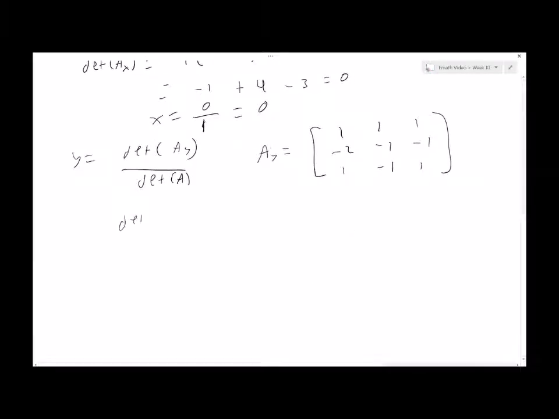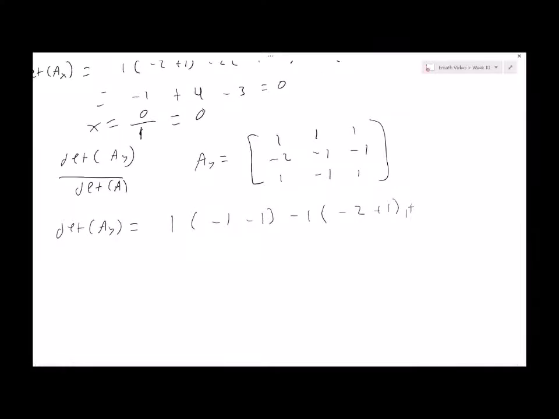Awesome. So now let's just take the determinant of that, and we'll be set. The determinant of Ay would equal 1 times negative 1 minus 1, minus 1 times negative 2 plus 1, plus 1 times 2 plus 1.